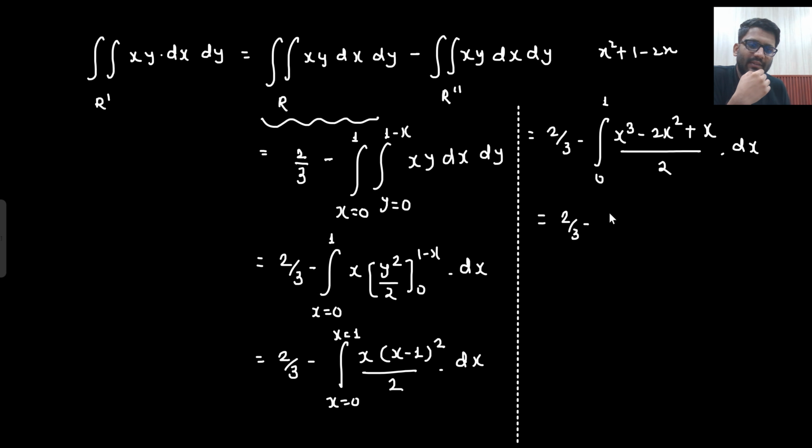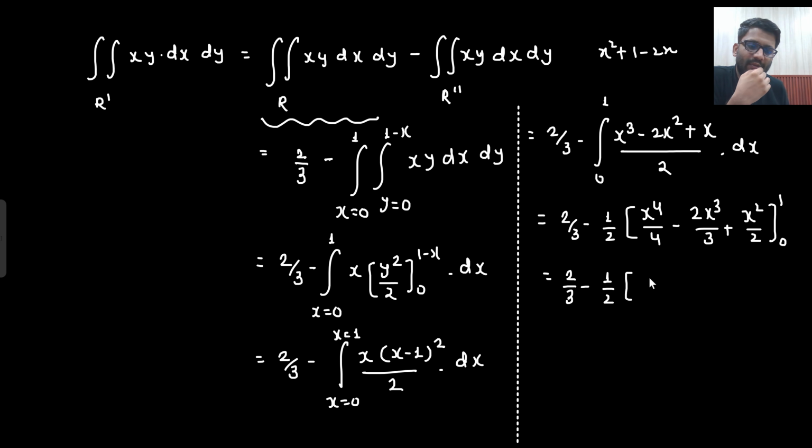So 2 by 3 minus 1 by 2 will come outside. x to the power 4 by 4 minus 2x to the power 3 by 3 plus x square by 2, from 0 to 1. 2 by 3 minus 1 by 2. So 1 by 4 minus 2 by 3 plus 1 by 2.